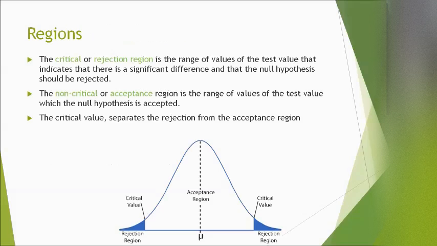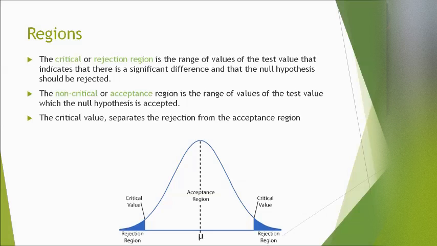Moving forward, under the regions, we're going to discuss the regions as seen in the chart below. The critical or rejection region is the range of values of the test value that indicates that there is a significant difference and that the null hypothesis should be rejected.